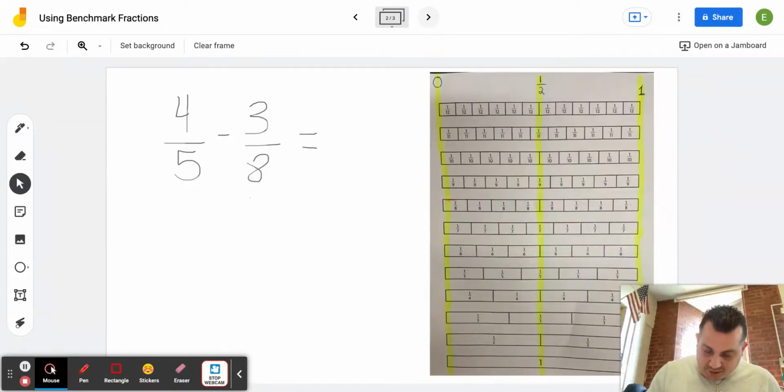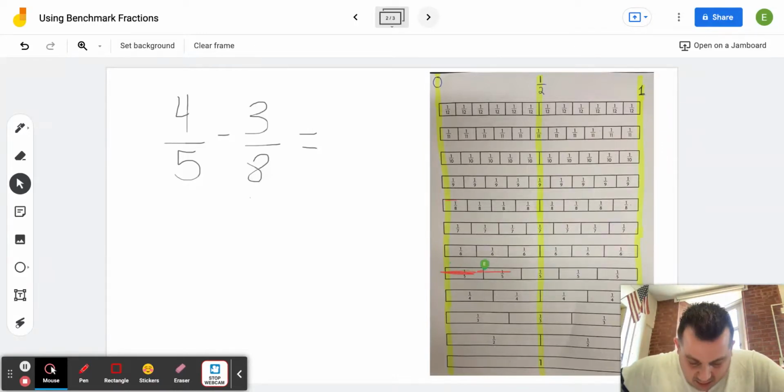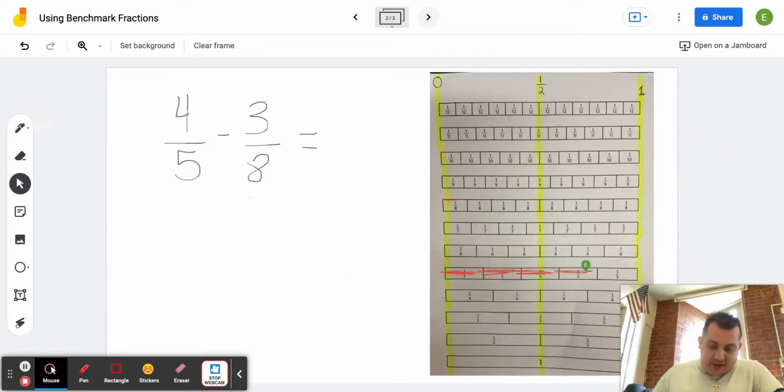So 4/5, I'm going to the fifths. Here's the fifths. You can see me highlighting it. I know my picture doesn't block it, so that's okay. Now 4/5. You may not need to, but if you do, color in 1, 2, 3, 4/5. When you look at 4/5 really closely, you'll say it's in between 1/2 and a whole.